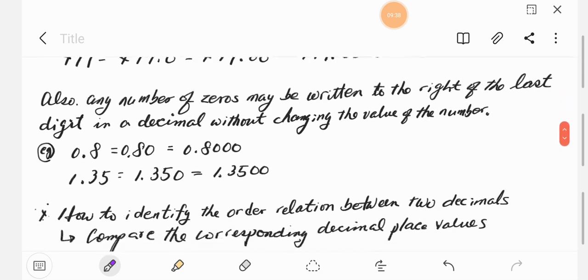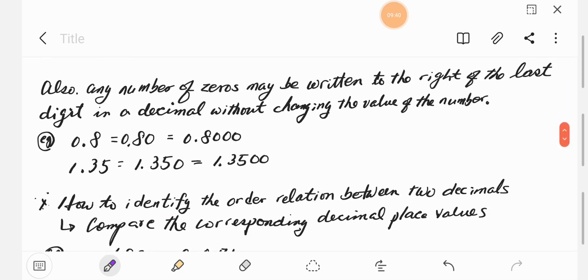And then also, if you have a decimal number like 0.8, this is 8/10, right? Then you can put zeros after the last digit 8. So 0.80 or 0.8000, or you can put more zeros, still okay, right?